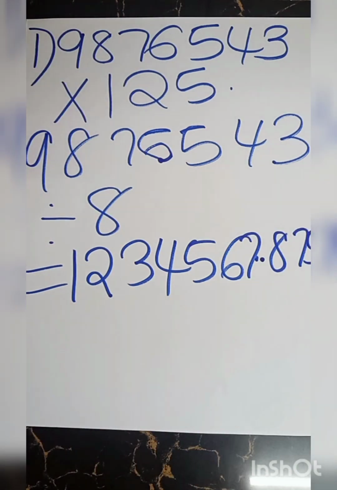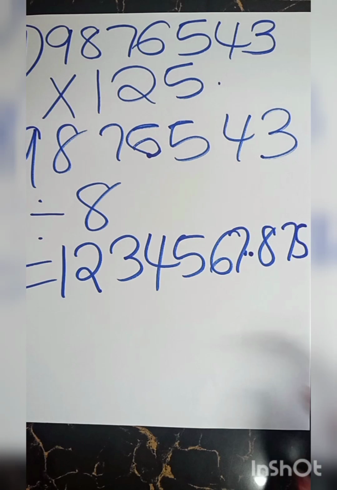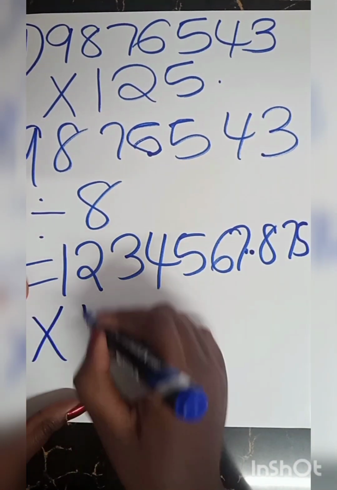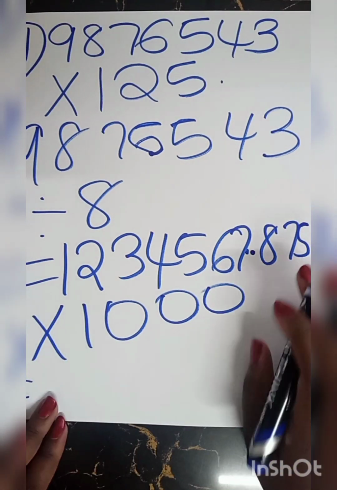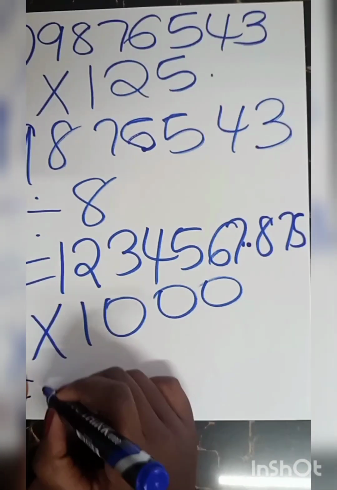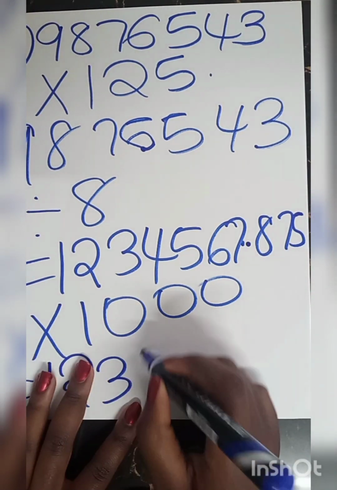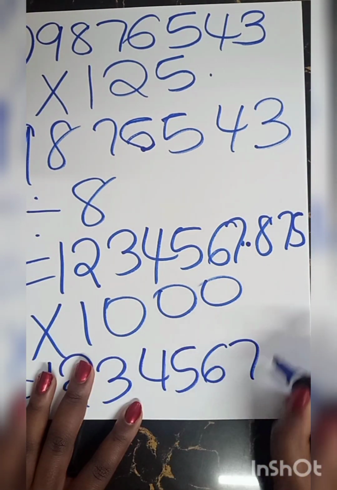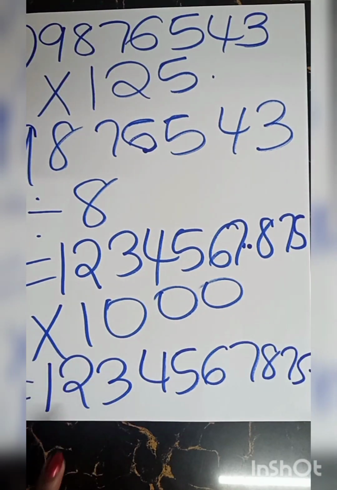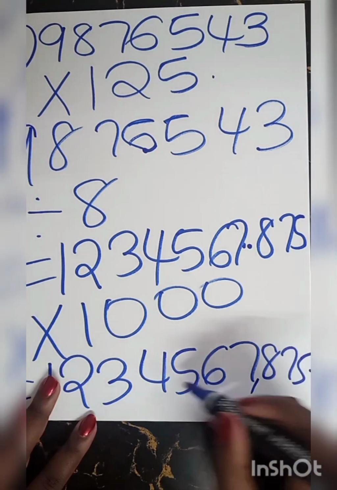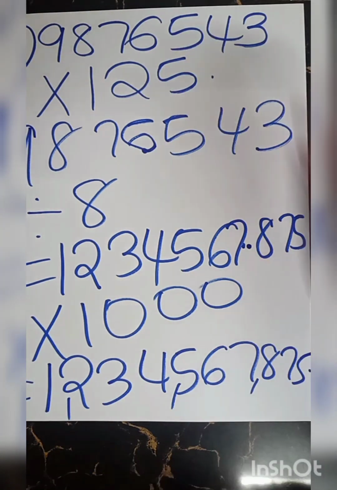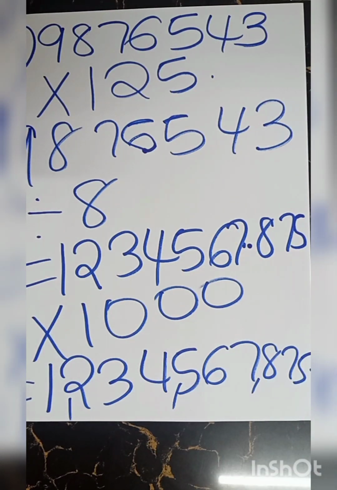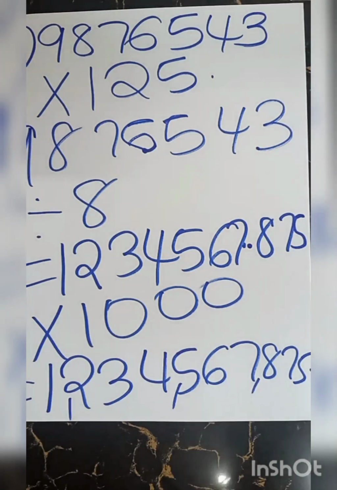Okay? Yes. And the next step is to multiply it by 1,000. So when you multiply it by 1,000, you'll remove the decimal points. Are we together? And this is the answer to that question. Okay? When you have to multiply this by 125, the answer is this. Are we together? Let's go through another example.